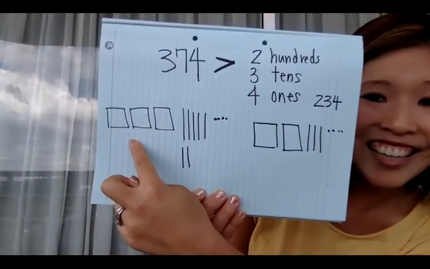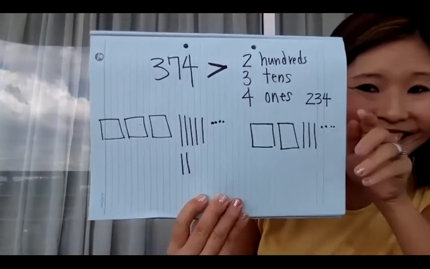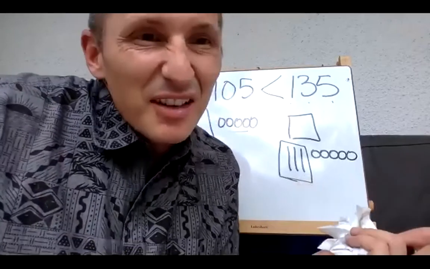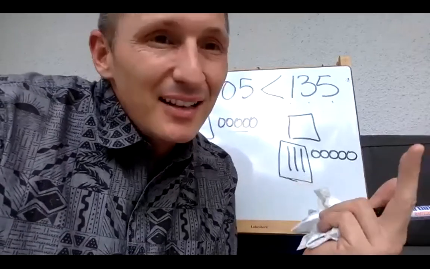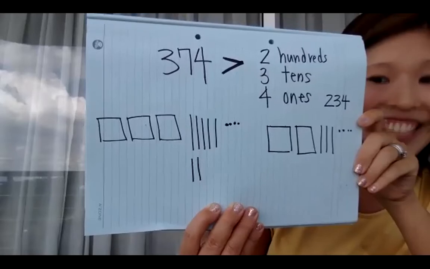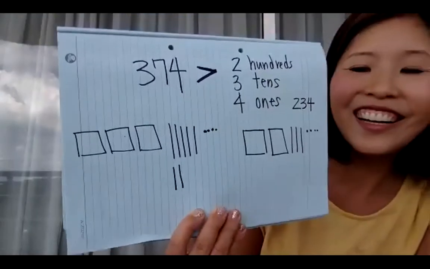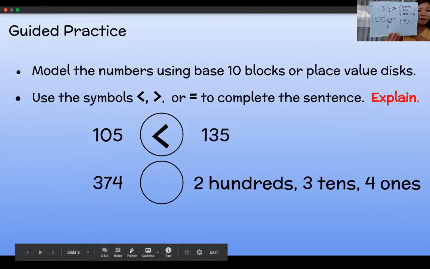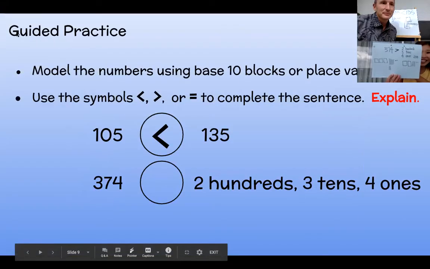Is that what you got, guys? I like that. And Miss Yuka, that looks like it's so clear because it's so easy to see. There's more hundreds. So even the 10s or the 1s don't really matter as long as there's more hundreds. No, it does not. Right. Yeah, just looking at the hundreds, I could tell because that has the biggest value.